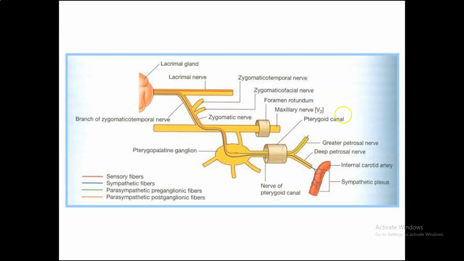This is not to perplex you, just a small reminder presented before with the nerves, to show you that the deep petrosal, which is a sympathetic plexus around the carotid, unites with the greater superficial petrosal, parasympathetic of the facial nerve, forming the nerve of the pterygoid canal, passing in the canal called the pterygoid canal.